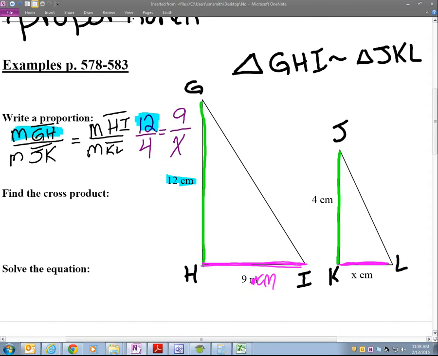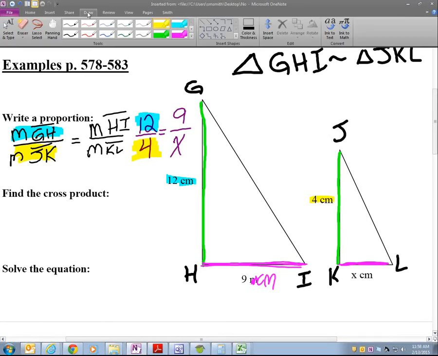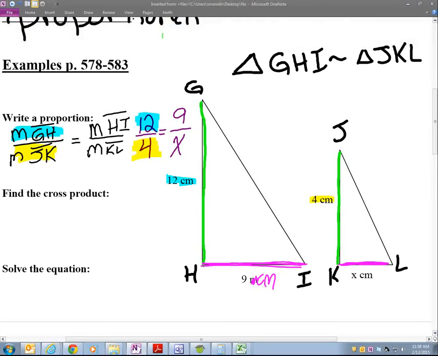Then we have the measure of JK here is 4, because the measure of JK is right there. And more, we have the measure of HI. The measure of HI is 9 centimeters, so it goes in the upper right because that's where it is in that proportion.